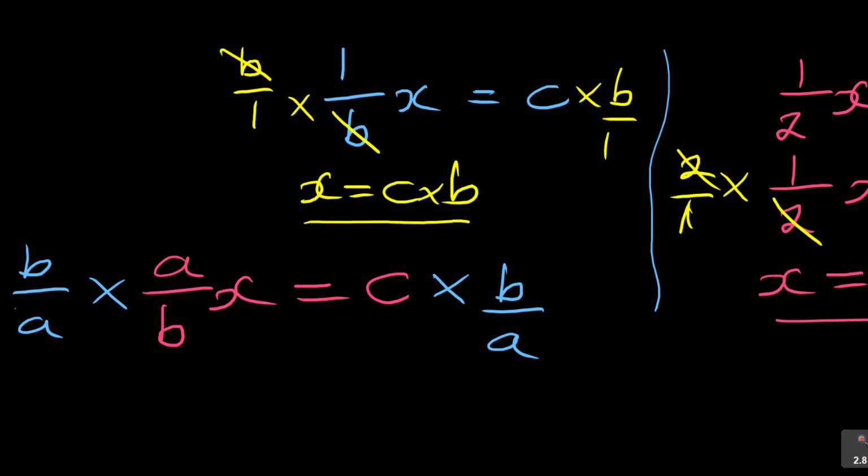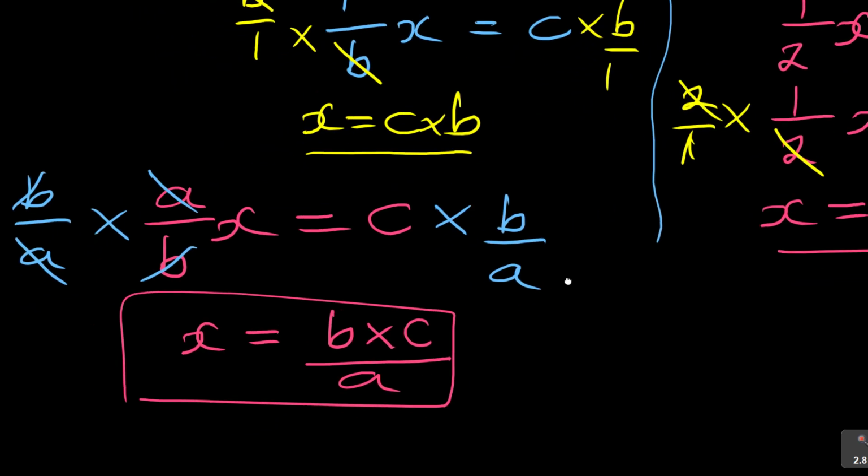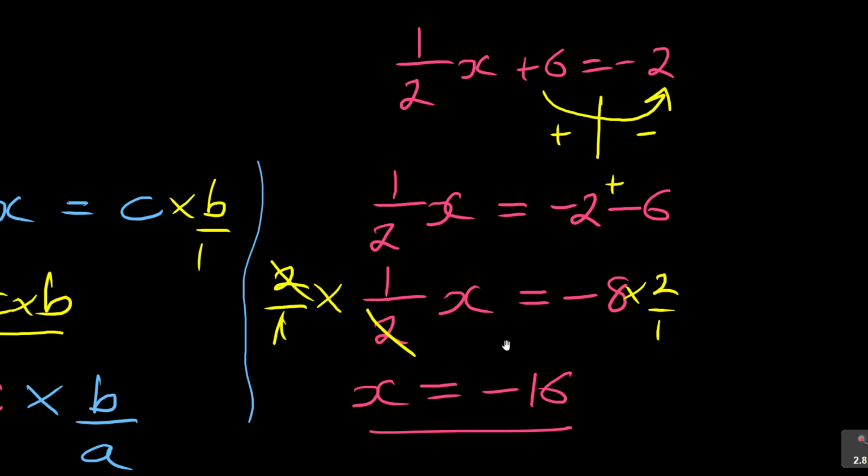But the reason is I wanted to cancel that A, I wanted to cancel that B. Then you are left with your X this side is equal to, when you are having it like that, B as in alphabetical order times C over A. Do you see that? That's what it means. Alright, but if a question comes, I'm going to demonstrate this further. But now here the answer was what?